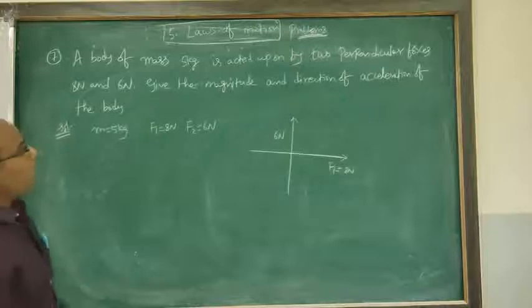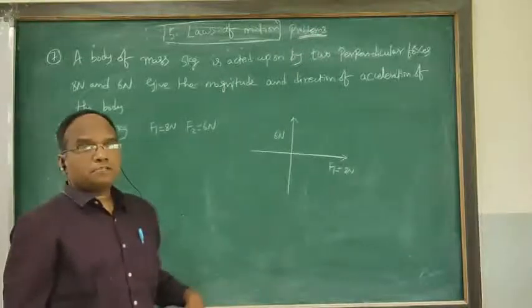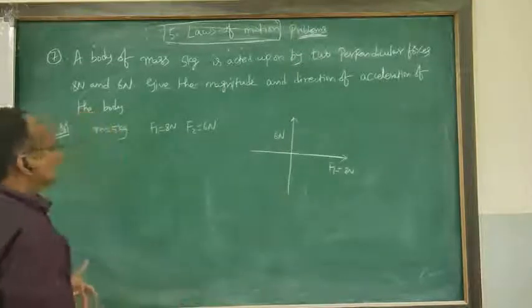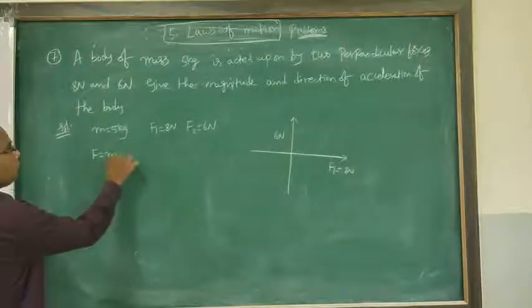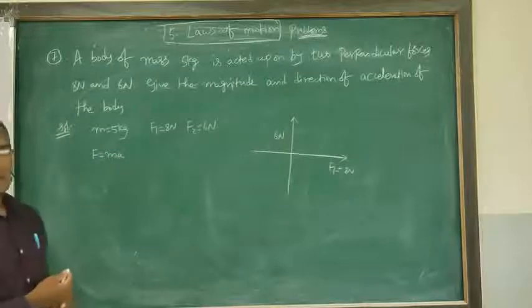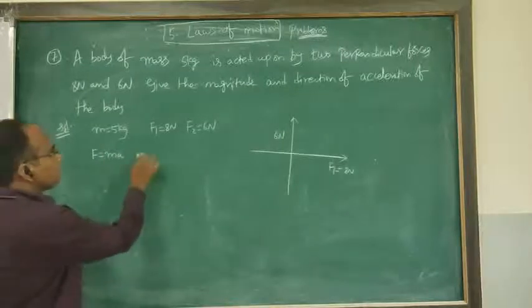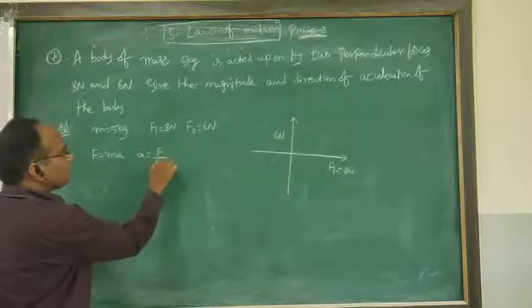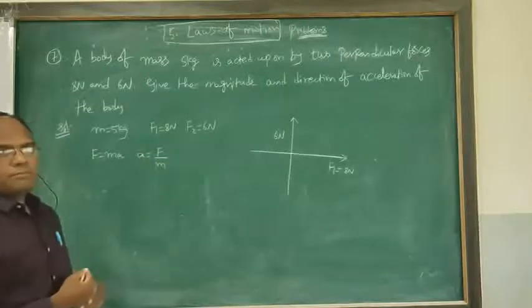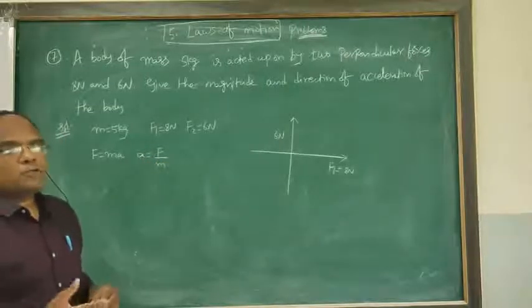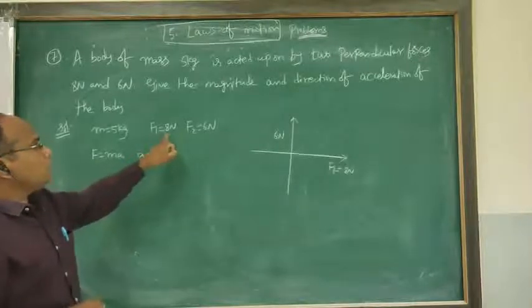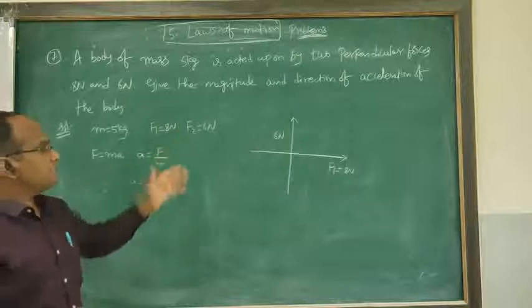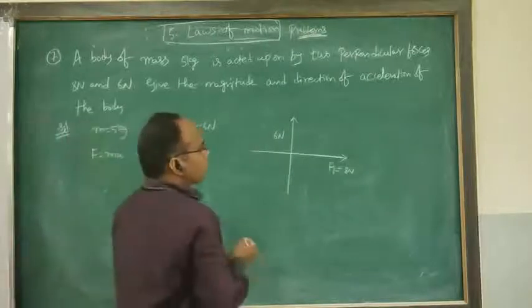So here, the magnitude of acceleration. What is the formula? F = ma, so a = F/m. Magnitude means root. So F means how much? Here there are two forces, 8 Newton and 6 Newton.